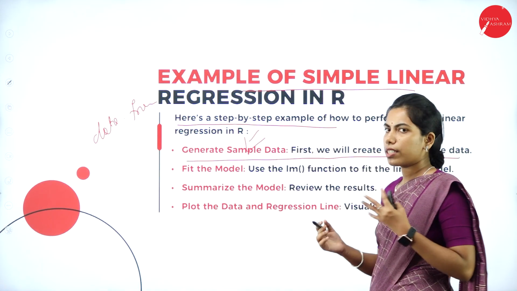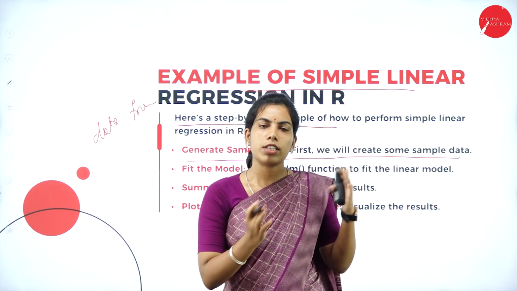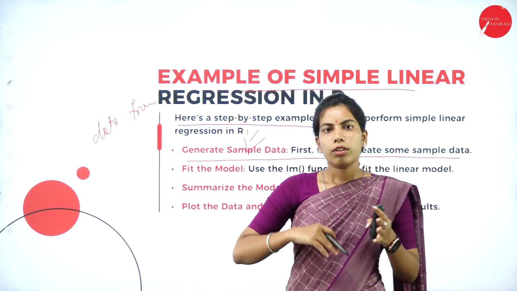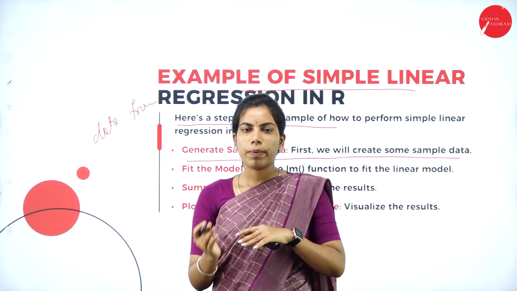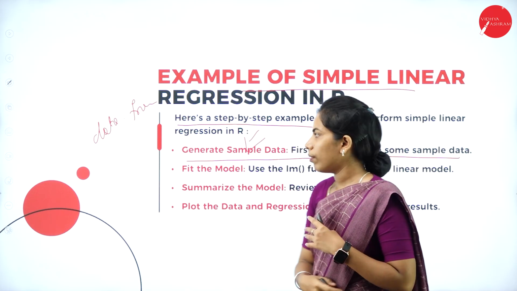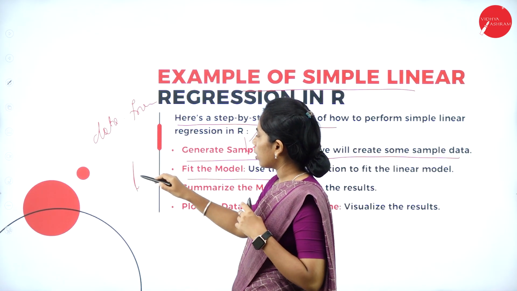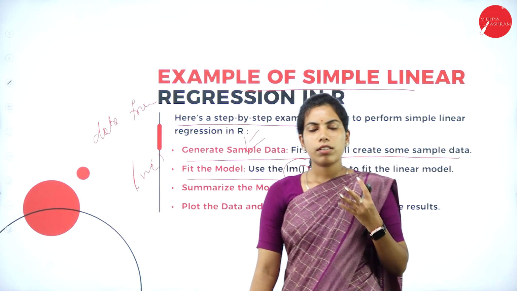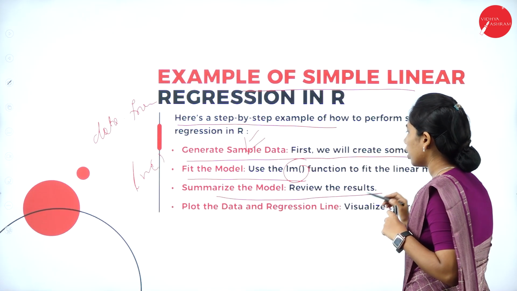First we have to create one sample data. For regression, we have to generate a predicted value based on previous values only, right? So we have to regress, or predict the present value based on the past values. Then fit the model using what? LM. LM is nothing but a linear model, an inbuilt function provided by R. Then summarize the model and review the results.